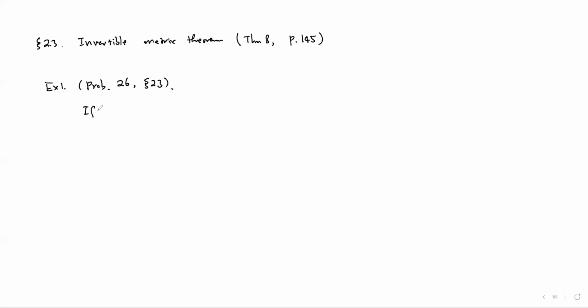If C is 6 by 6 and the equation Cx equals V is consistent for every vector V, the vectors of course are in R6.